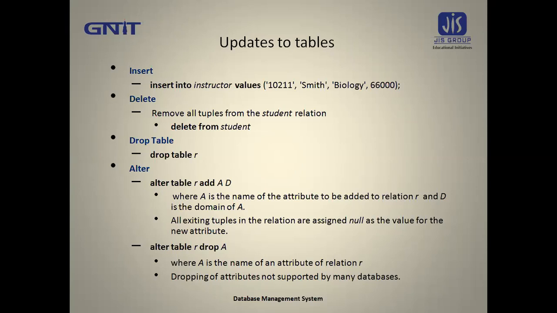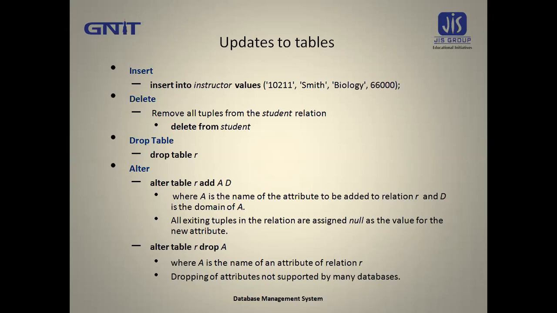Alter table means if you want to update the schema, suppose for instructor, you want to add another attribute named contact number. So you can do that using alter table command. You can even remove attributes.